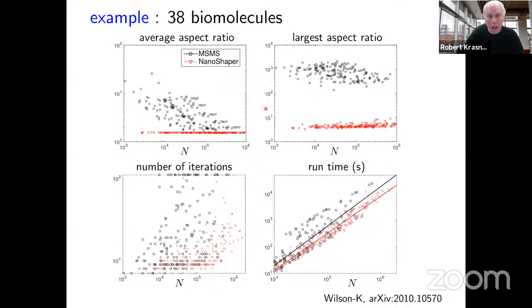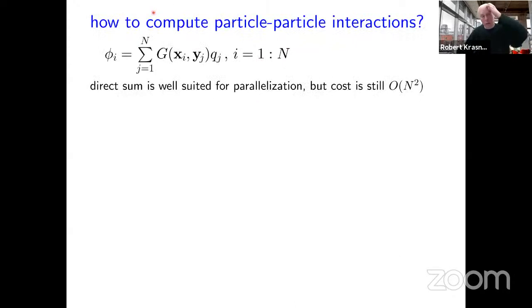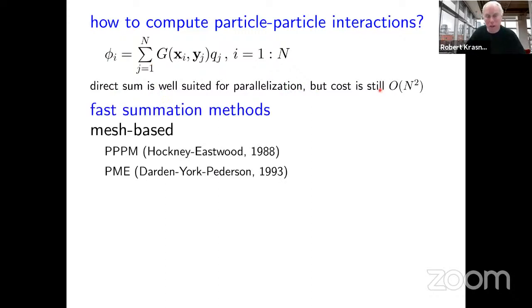So now, let's go back to the question of how to compute particle-particle interactions. Think of the x_i here as a set of target particles, the y_j as a set of source particles. I commented already that this is well suited for parallelization, but the cost is order n squared.